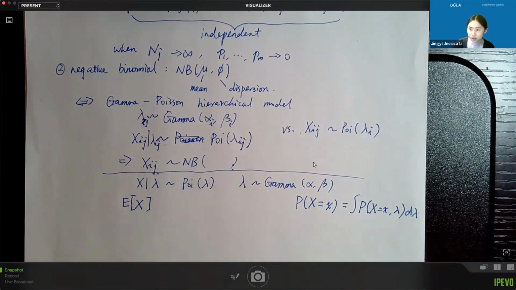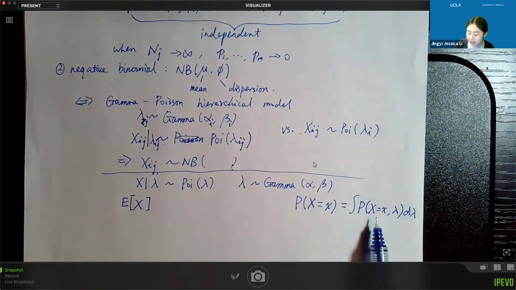So how do we go from joint probability to marginal probability? If this is still not intuitive enough, just think of both X and lambda being discrete. Let's say X takes two values, 0 and 1, and lambda takes another two values, 0 and 1. In this case, the joint probability will have 4 probabilities for 4 combinations.